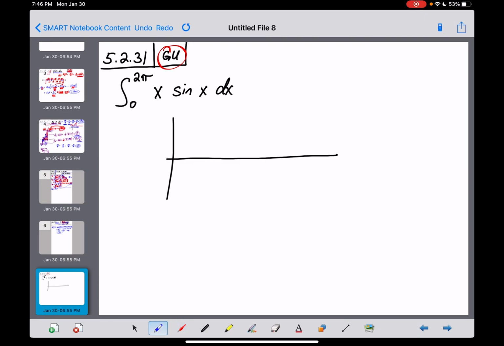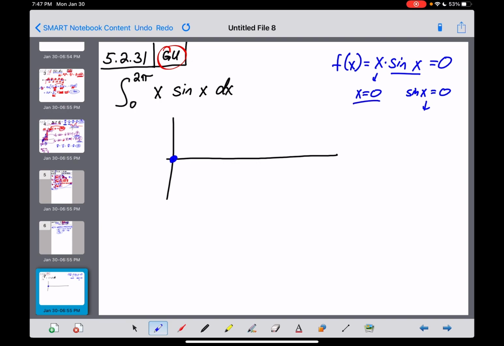Although I am curious, you guys could probably tell me right here that if the function f of x was x times the sine of x, where would this thing equal 0? If the first factor, x, were equal to 0, this whole thing would equal 0. So I know this graph passes through the origin. Or anytime the second factor, sine of x, were equal to 0, this function would be 0 as well.